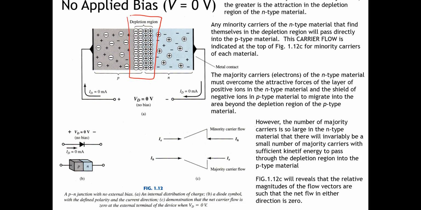To explain the semiconductor diode, we have two carrier flows. The first one is the minority carrier, and the other is the majority carrier.